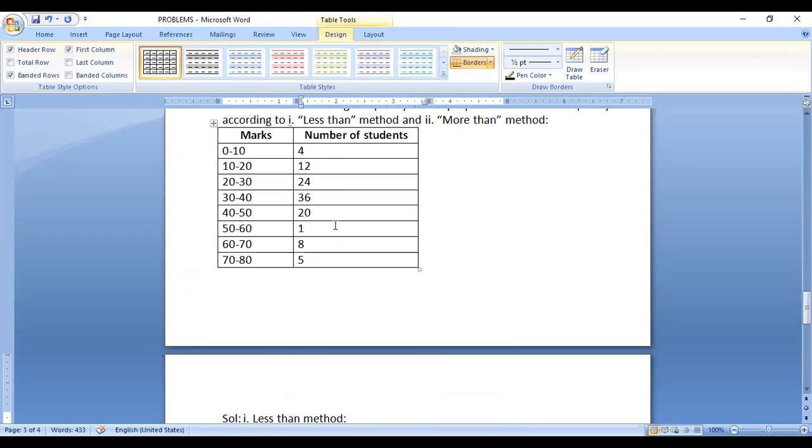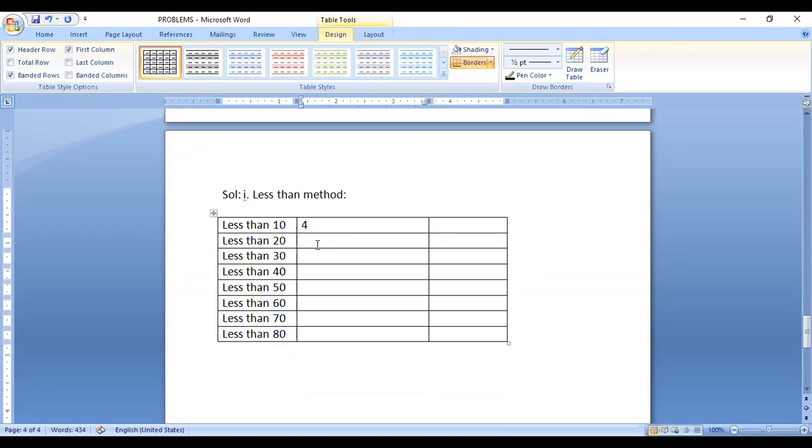Starting one, number 4 is there, you take 4. So here also frequency will be 4. Next in the problem, in the next class we have 12, 4 plus 12, 16 will be there. The next one, 16 plus 24 will be 40.